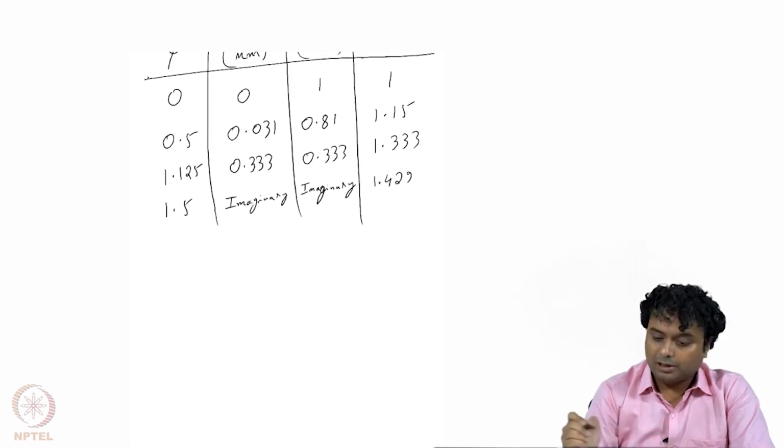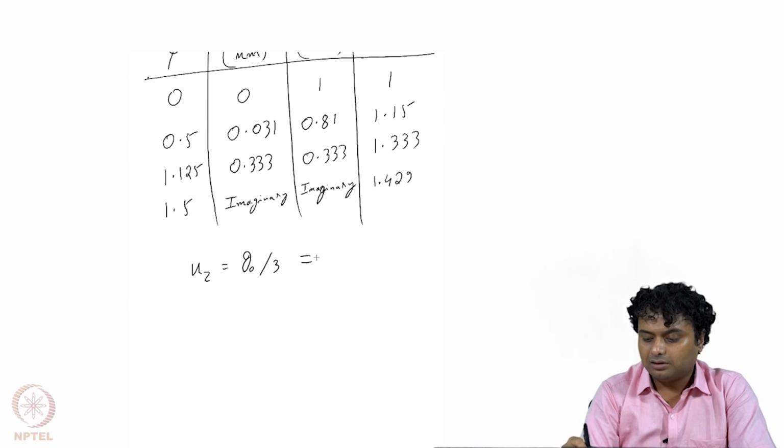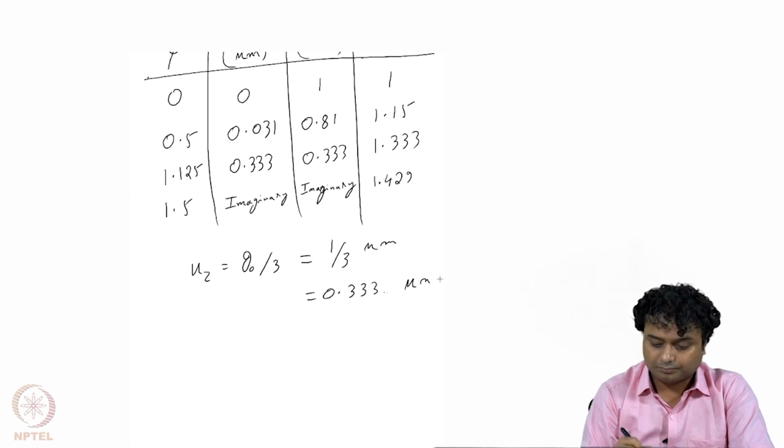And then we can write that at pull-in condition uz is equal to g0 by 3, or equal to 1 by 3 micron. This is 0.333 micron, right.